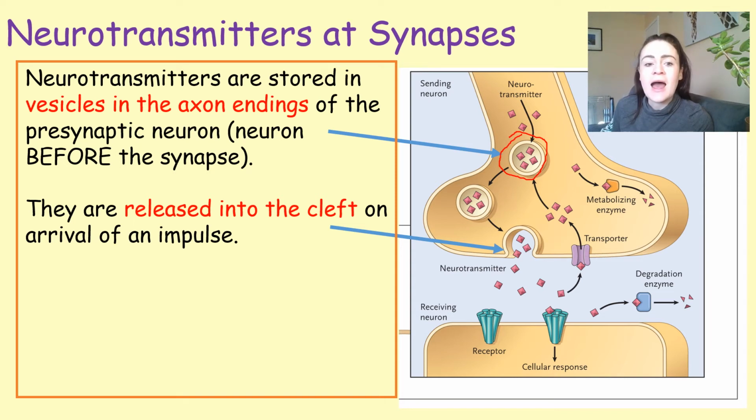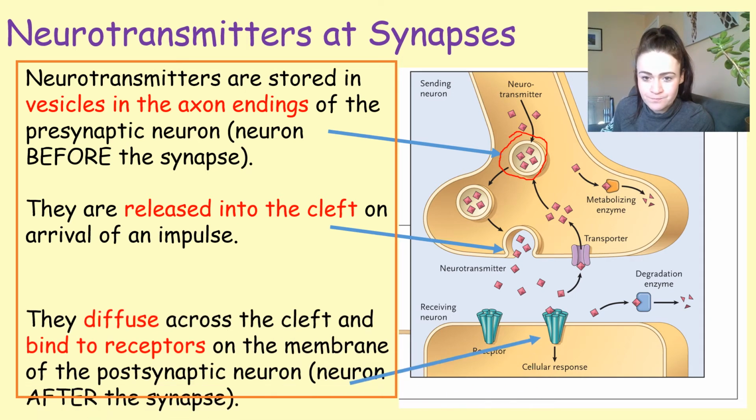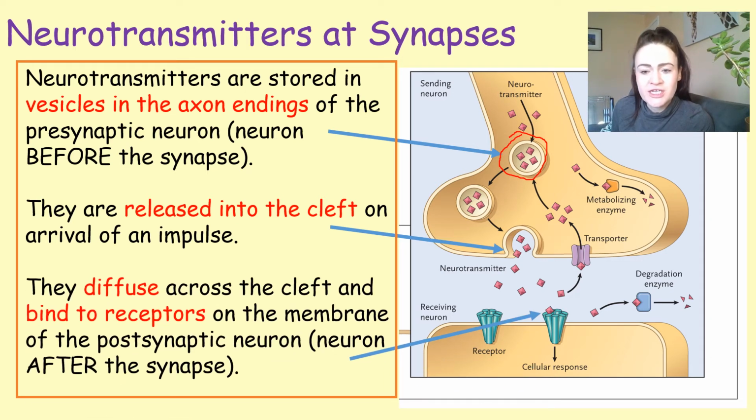Okay. So when the impulse arrives, the neurotransmitters are released. Those neurotransmitters will then diffuse across, and remember diffusion is from an area of high concentration to low concentration. So the high concentration is at the presynaptic neuron, and then the low concentration will be at the postsynaptic neuron.